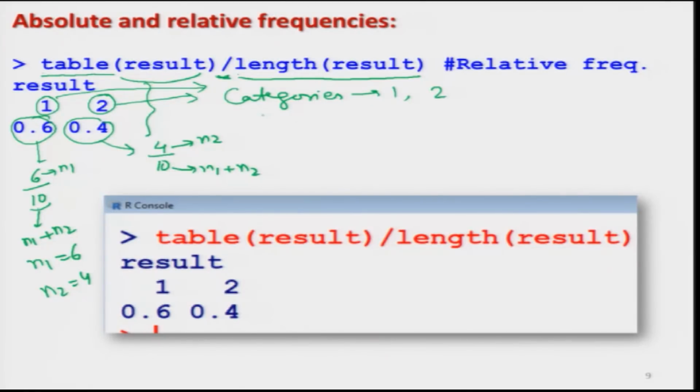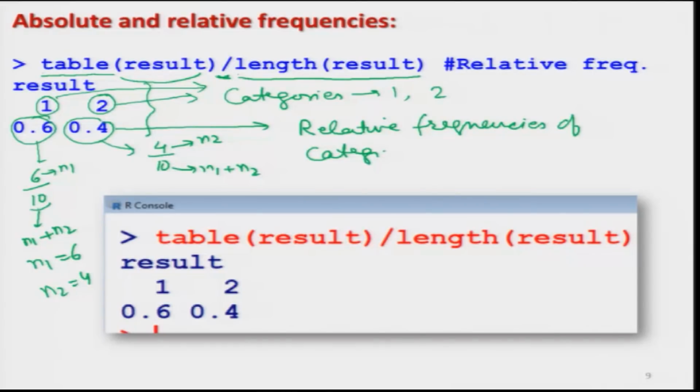So, this 0.6 and 0.4 are the relative frequencies of categories 1 and 2 respectively. And this is the screenshot that we are going to get when we try to execute this on the R console.